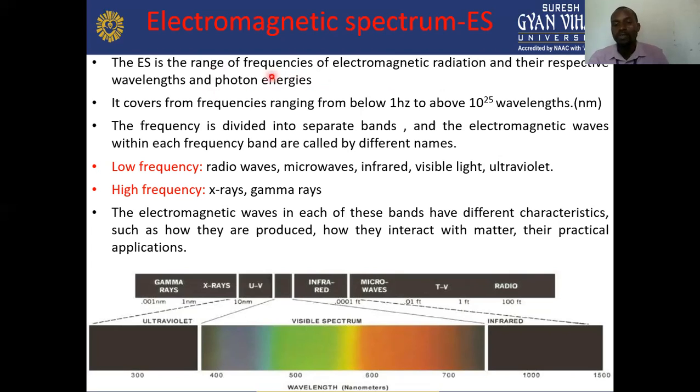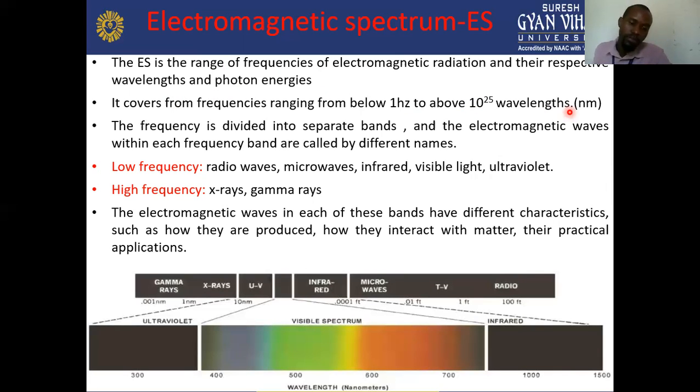So we have those energies that are weak and we have those energies that are very, very strong. We can say that these frequencies cover the range of 1 Hertz to 10 power 25.